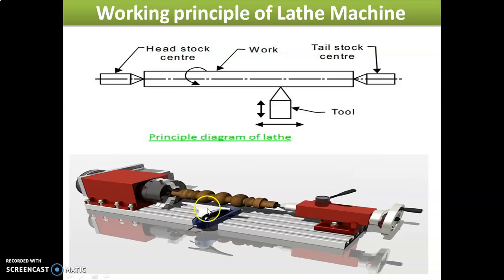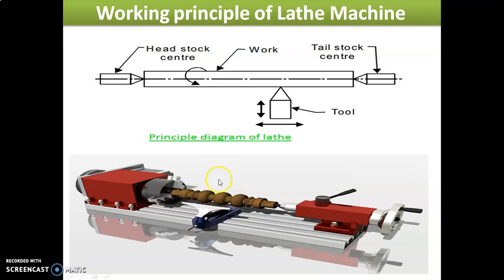Generally the cutting tool is mounted on the tool post. So generally we feed the cutting tool against the rotation of the workpiece. Now, what is the working principle of the lathe machine?